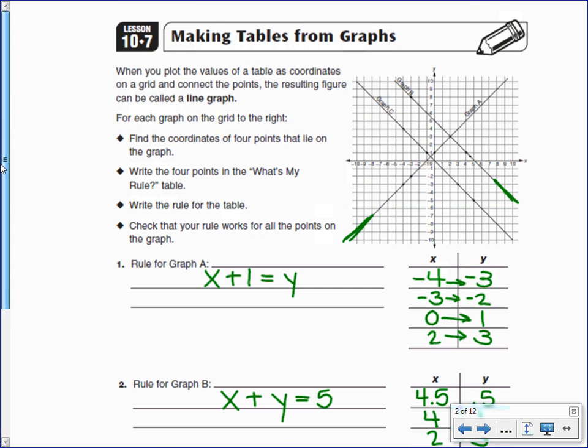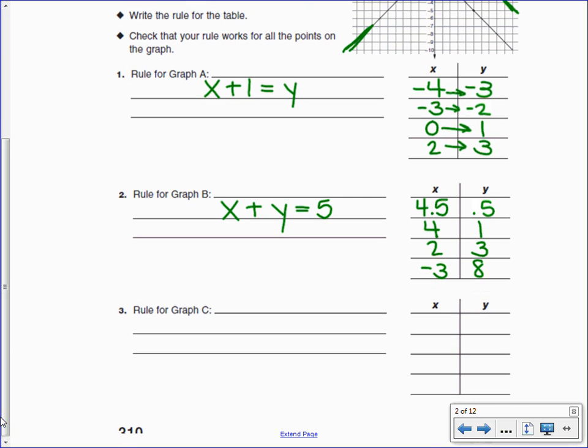Okay, how about graph C? The last one we haven't done yet. What's a point on that graph? 5, negative 5. Which one comes first? 5. 5, negative 5. And then it was down 5.